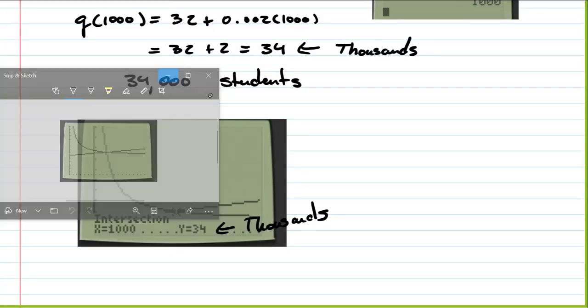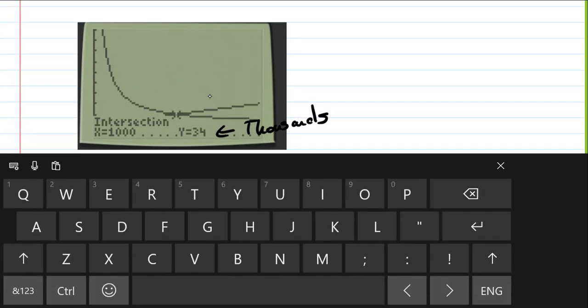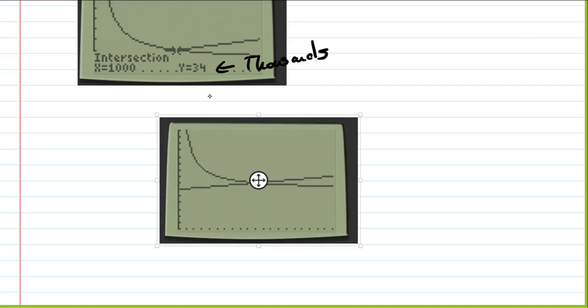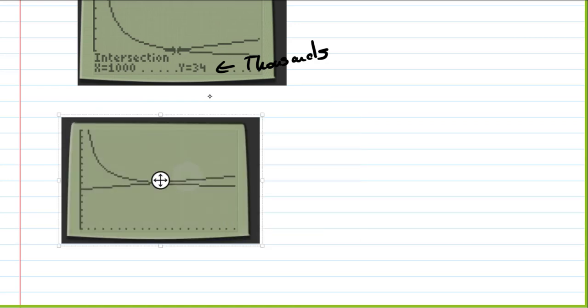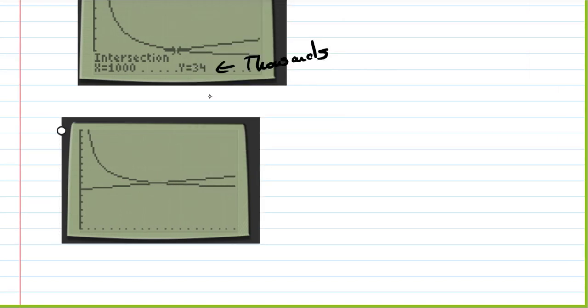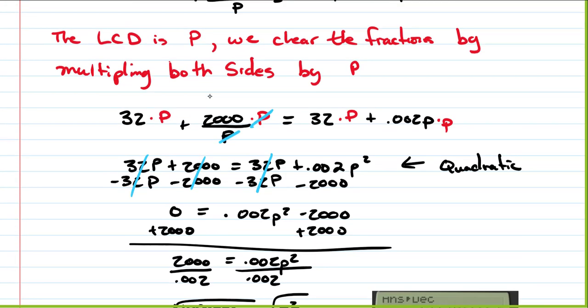So what's going to happen if the tuition is higher than the equilibrium tuition? And what happens if it is lower? So what is that going to tell us?